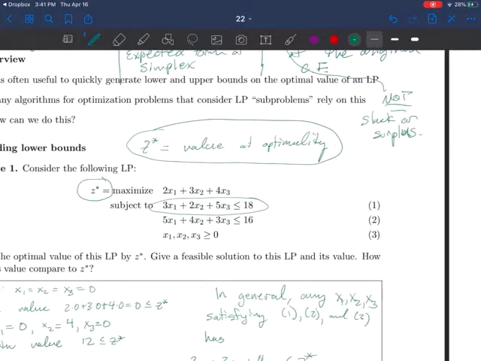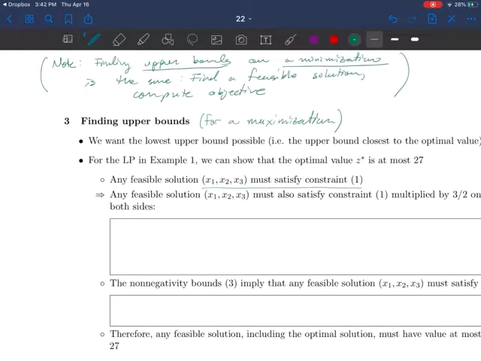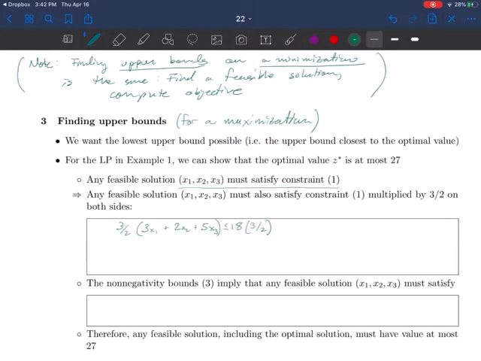So let's see, what was constraint 1? Constraint 1 was given here. It was 3x1 plus 2x2 plus 5x3 is less than or equal to 18. And I know that if I multiply this side by 3 halves and this side by 3 halves, any feasible solution still has to satisfy that.